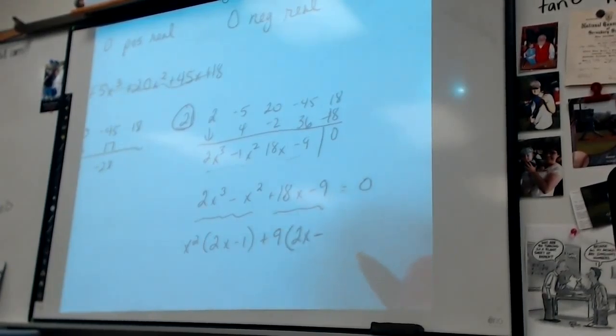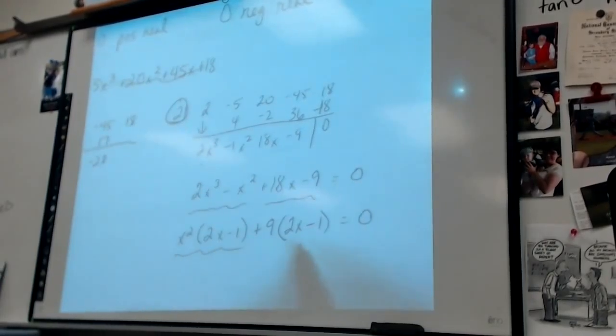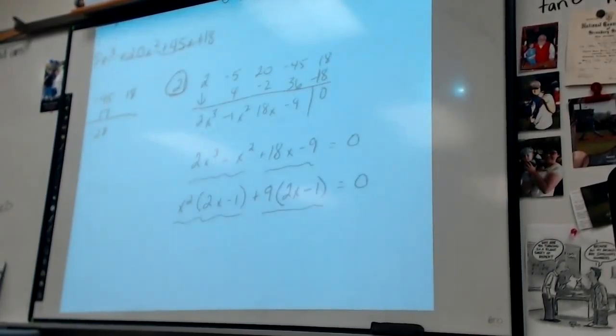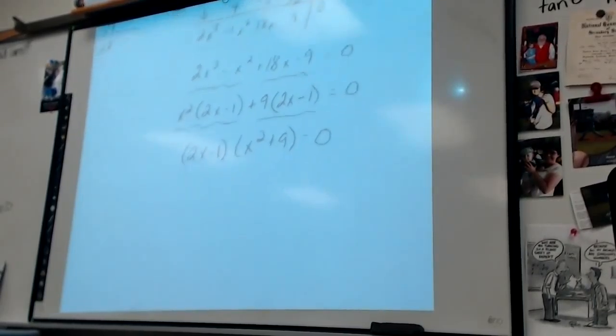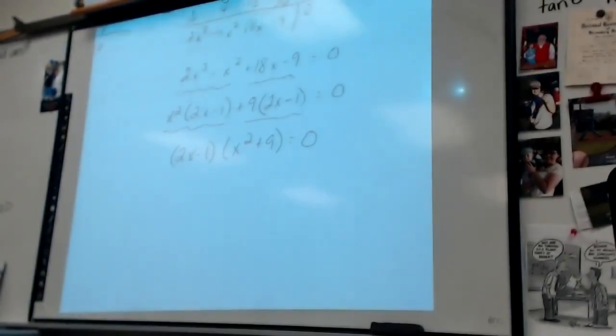Minus 1. 9 over 9 would be 1. So that worked out good. Because now we can factor out a 2x minus 1 from these 2 terms. Now what do we do?